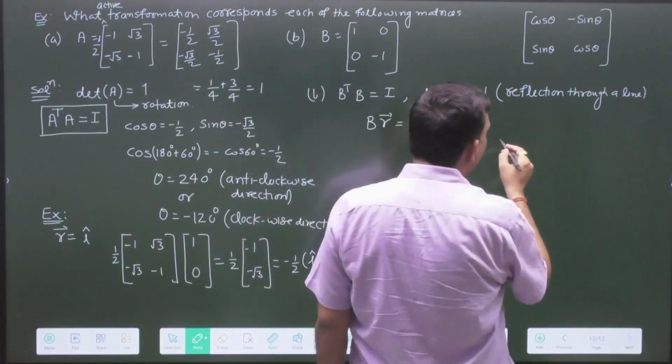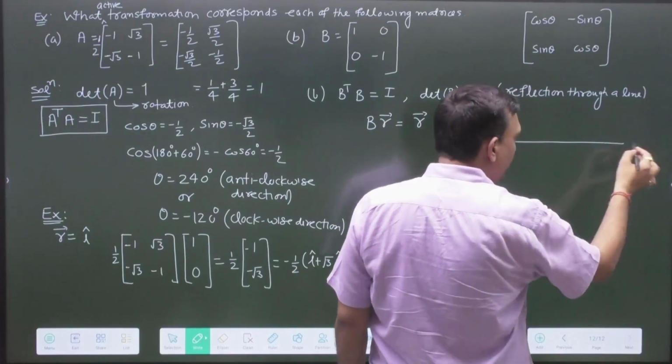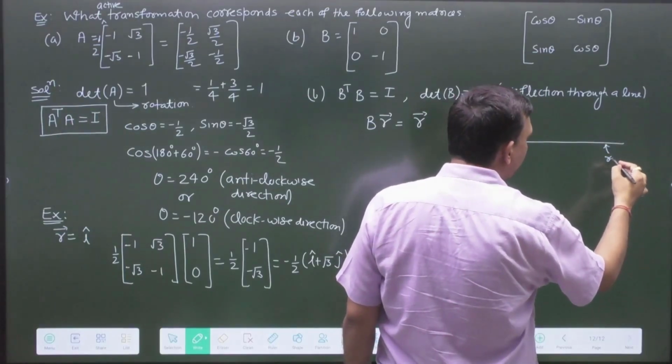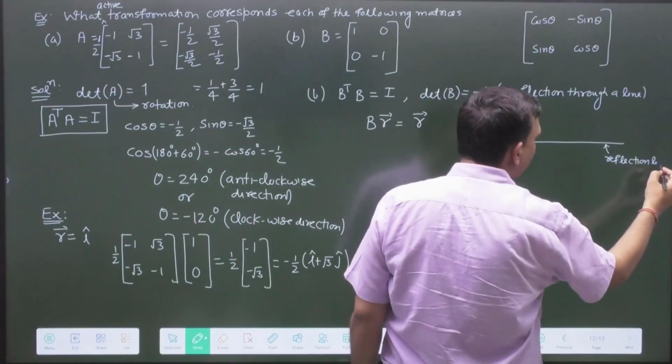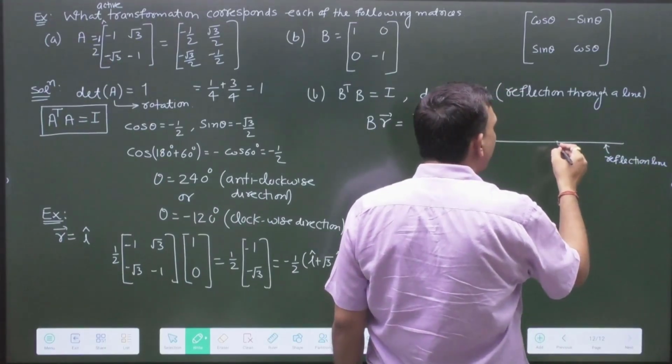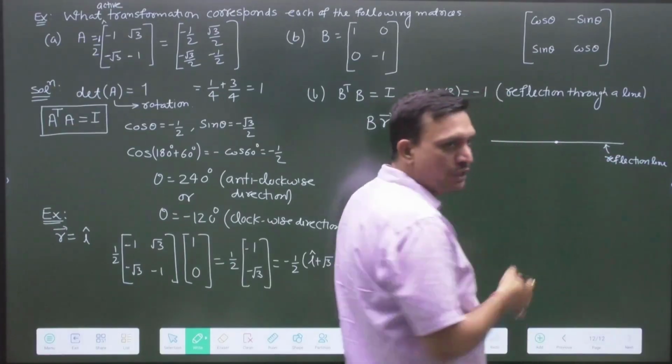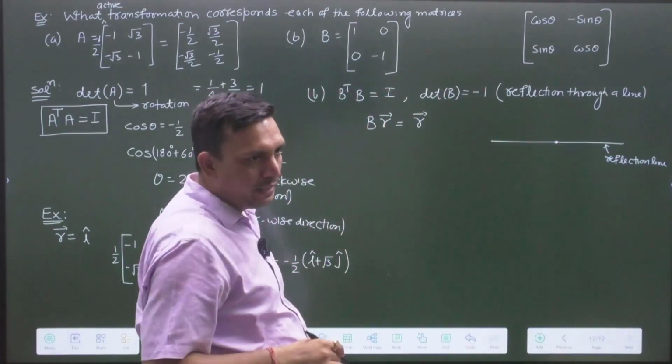Why? Because I am assuming this to be a reflection line. If you have any point on this line, there will be no change, you will be on the same line.